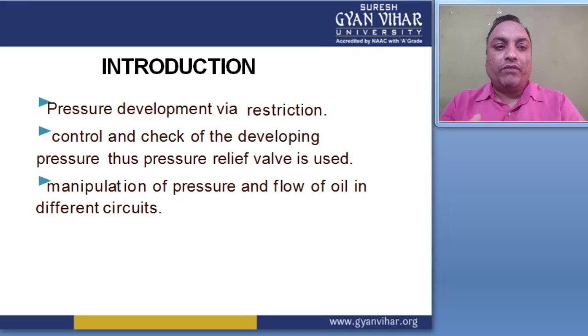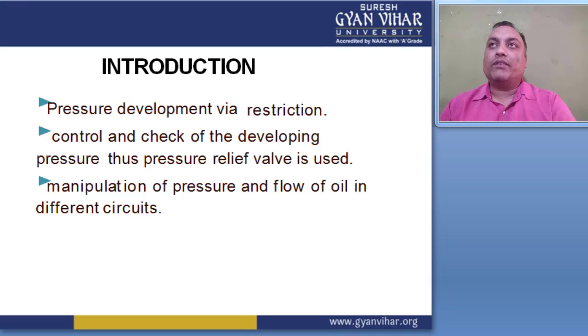So this pressure is reduced by any other kind of device. This device is called the pressure control valve, and it reduces the manipulation of pressure and flow of oil in the different circuits.